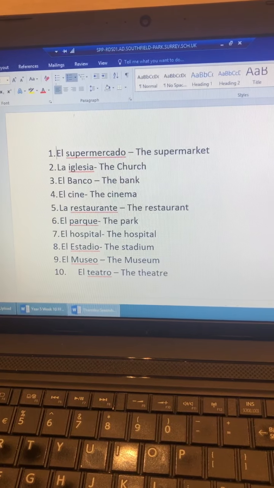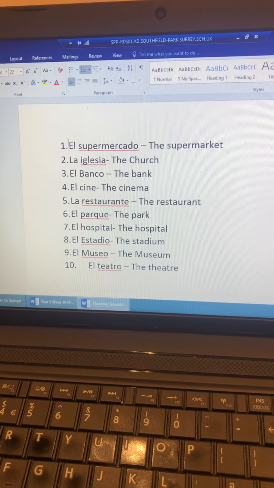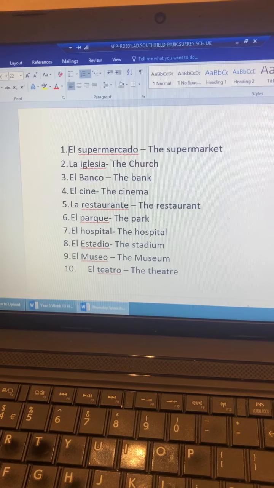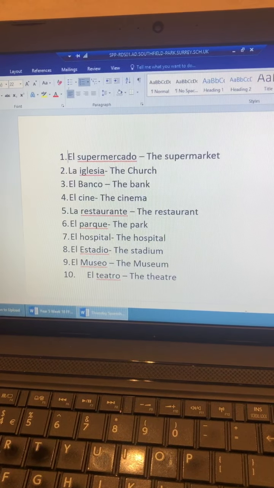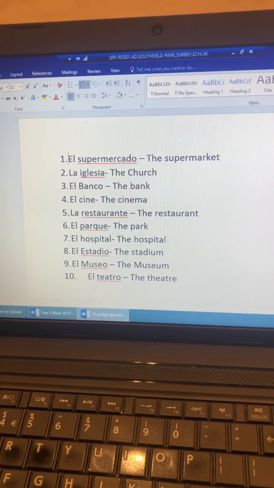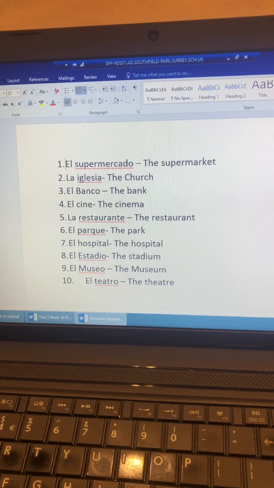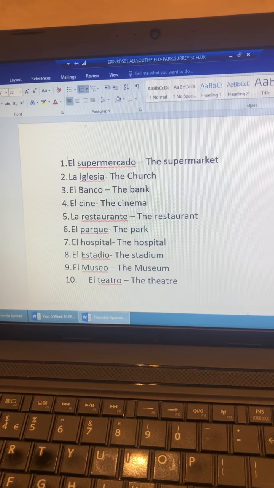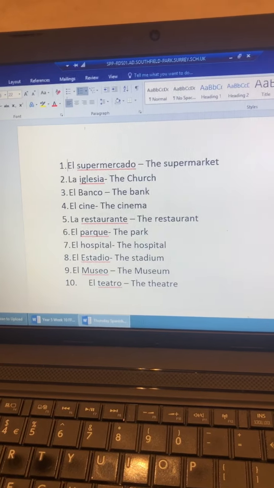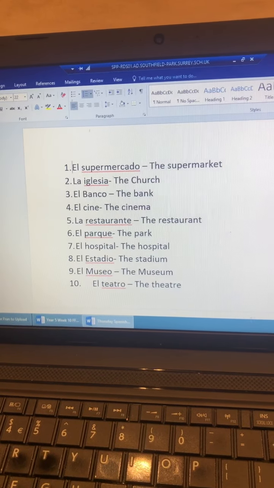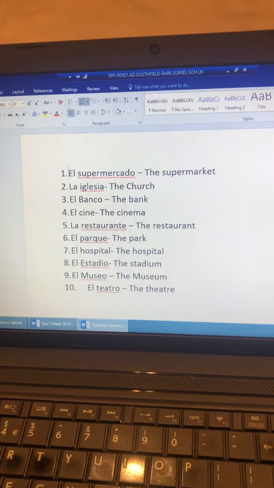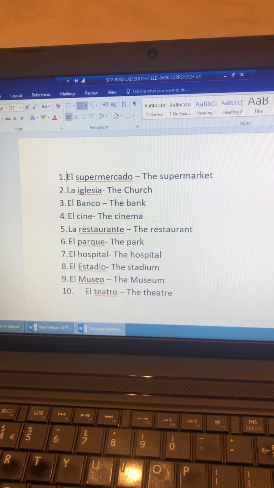So practice saying that now. The next one is la iglesia. La iglesia. And again, the S is not S, it's more like the TH sound that we make in "thing", for example. So la iglesia. Pause it and have a go at practicing it.